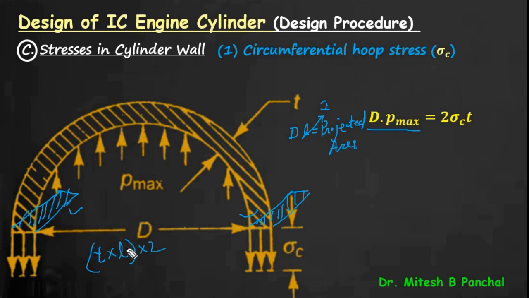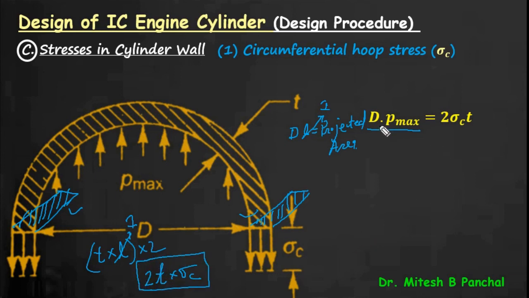Since L is taken as unity, L equal to 1, the total area per unit length is 2 times T, and 2T into sigma C is the resisting load per unit length.